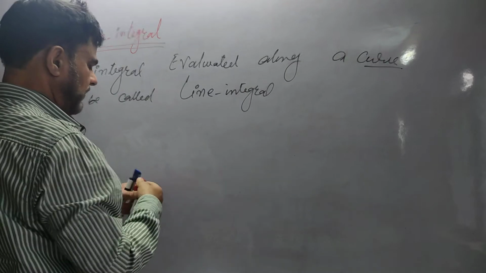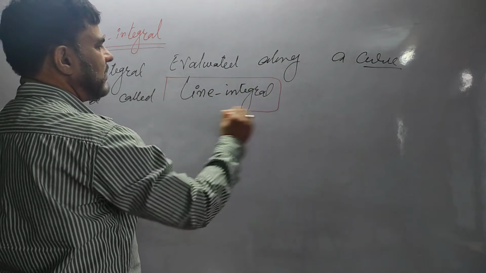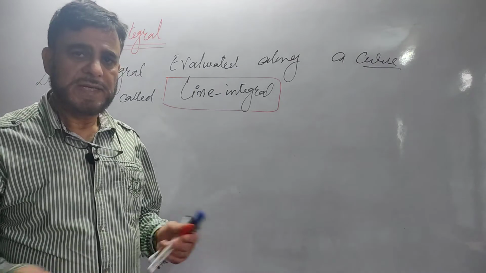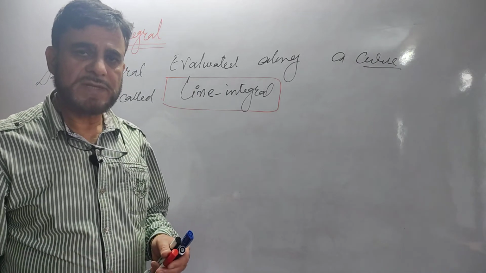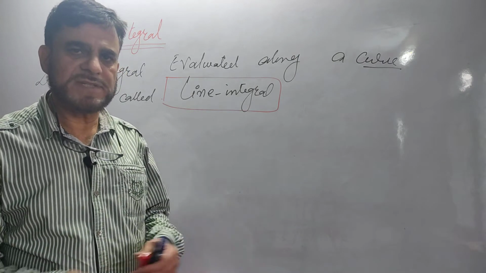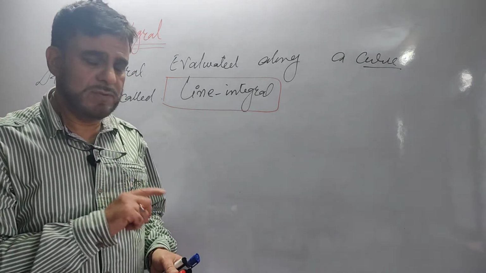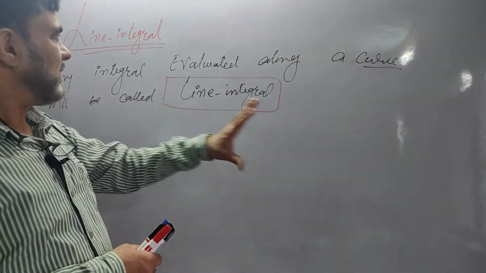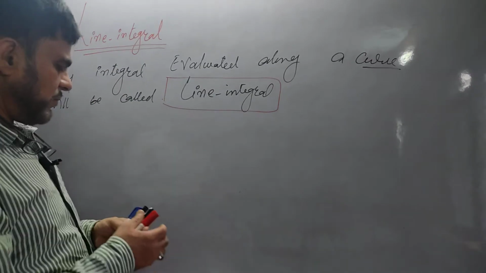If we evaluate any integral along a curve, that will be called what? Line integral. Now this curve can be open, it can be a straight line, it can be a triangle, it can be a square closed curve, it can be any closed curve, sometimes open, sometimes closed, sometimes a straight line. You will come to know later on how we find this line integral. So when we find it along a curve, this will be called a line integral. Along a surface, it is a surface integral. You see how we do here.